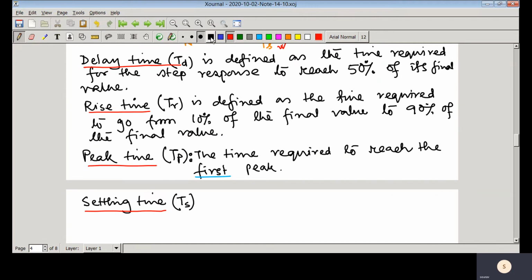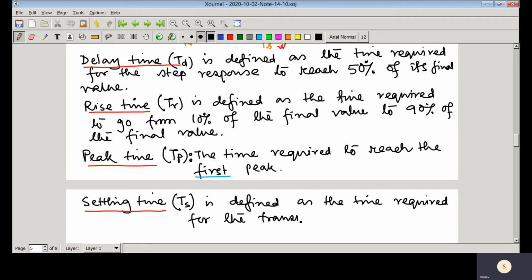So settling time is defined as the time required for the transient damped oscillation to reach and stay. That is important.